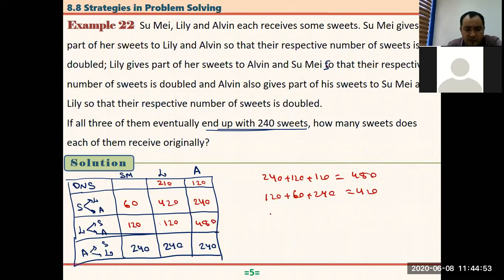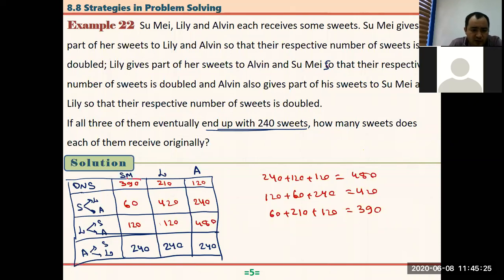As she had here 60, and she gave away 210 to Lily and 120 to Alvin, which is equal to 390. So here, Sumay had 390. The question is, if all three of them eventually end up with 240 sweets, how many sweets does each of them receive originally?